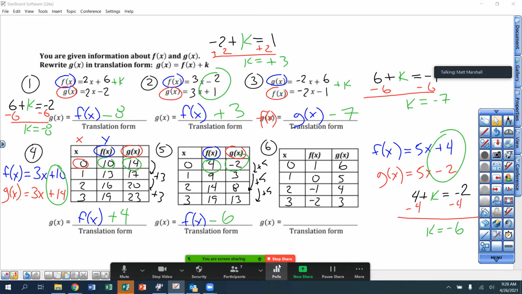So if you're not getting this number right, show me that 1 plus that k number equals 6. So that should be 5. Other than that, you're doing good. Your slope is good. Your y-intercepts are good.